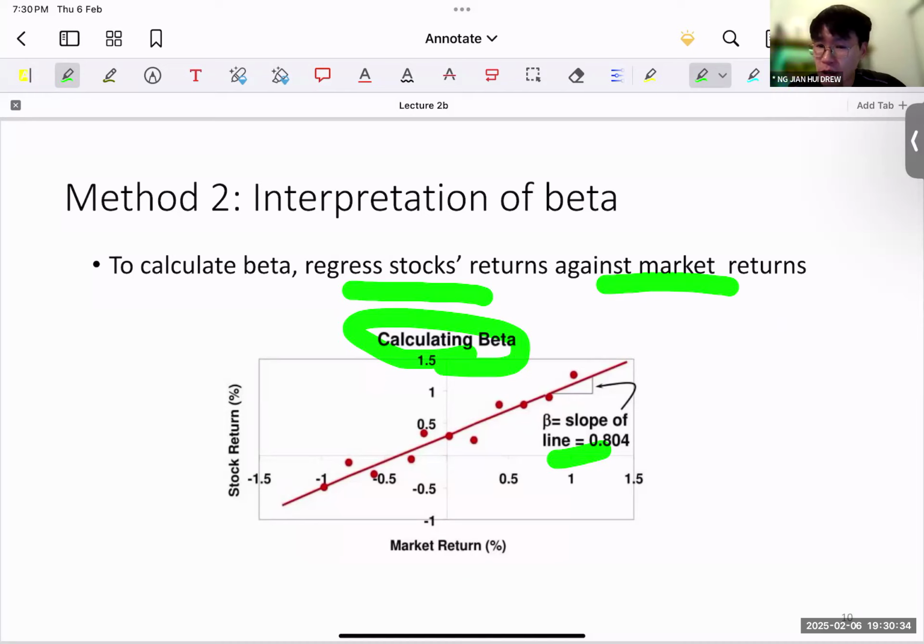One more question, isn't the bottom-up data more accurate? So bottom-up meaning that you calculate beta yourself. Is that what you're trying to say? To calculate beta yourself? Yeah, it depends, right?